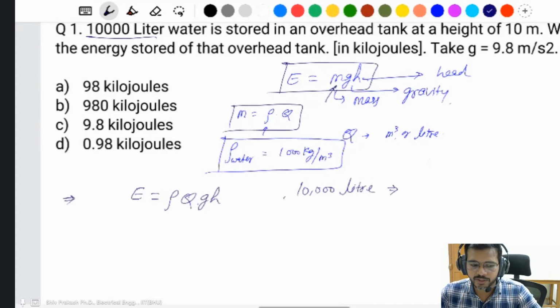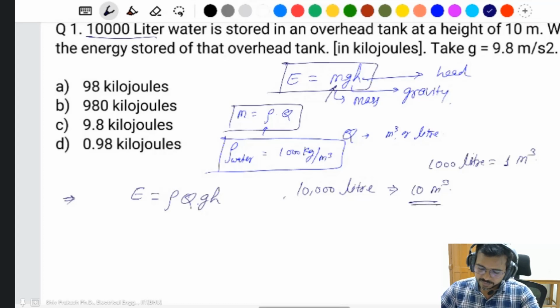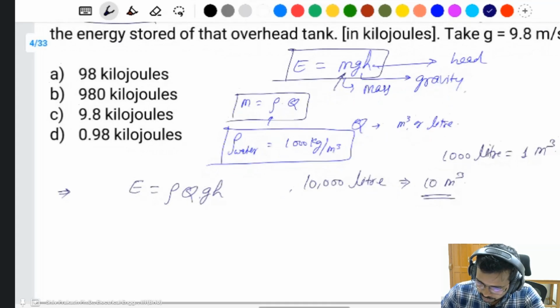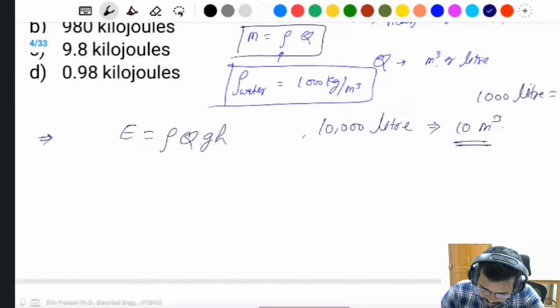If you convert this into meter cube, 10,000 liter is equal to 10 meter cube. You can put all the values here and calculate the overall energy.